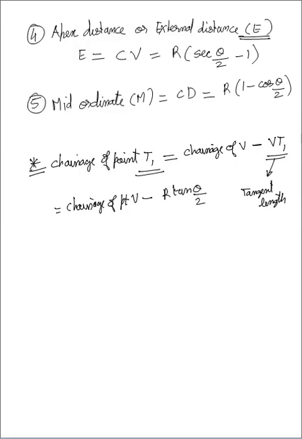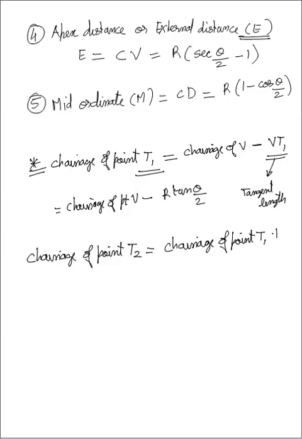And what is the chainage of point T2? Chainage of point T2 is equal to chainage of point T1 plus length of curve. I have given you the formula of length of curve also.